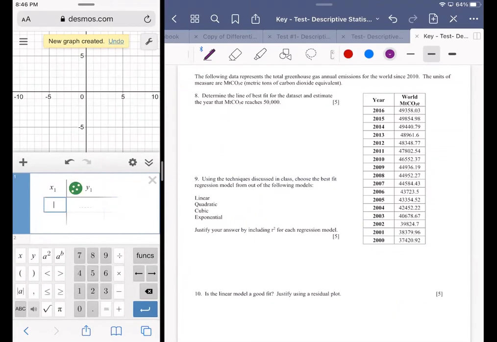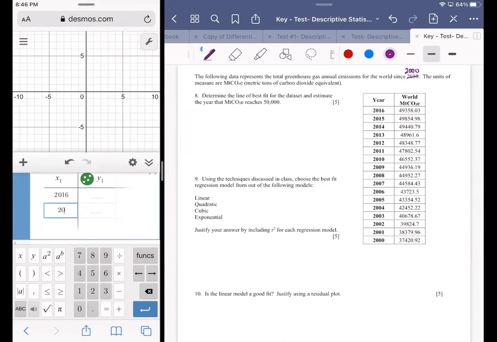Fortunately, 2016, it's the year since 2010 for the world since 2010. That's a typo. That should be the world since 2000. As you can see by the data set, it's very clearly going from 2000. So 2016, 2015, 14, 13, 12, 11, 10, so you can see it starts auto-filling it for you. So that's kind of a little bit of a time saver.